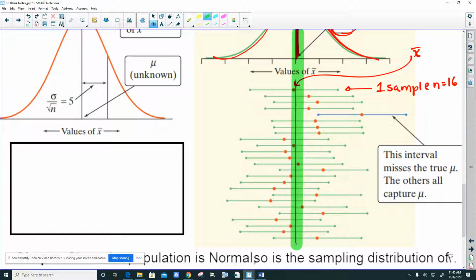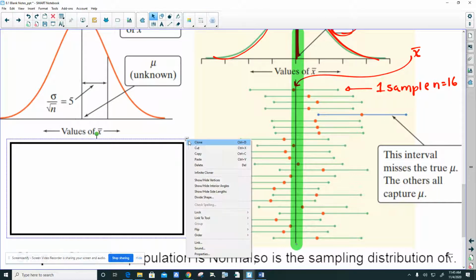We want to see how many of these samples actually captured where we're saying the population mean is, which is what I just highlighted in that vertical piece. You'll notice there's this one blue segment off to the right that missed capturing where that true population mean is. But we notice that the majority of them, the interval is capturing that location.